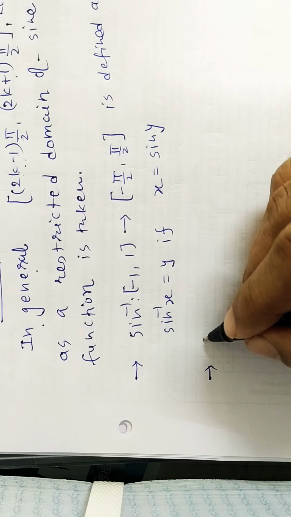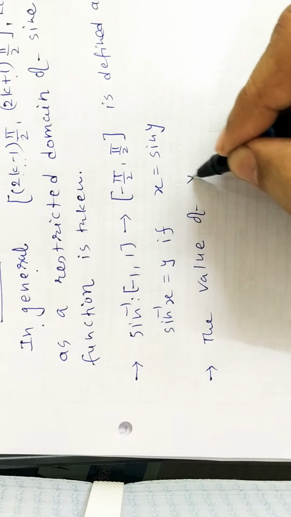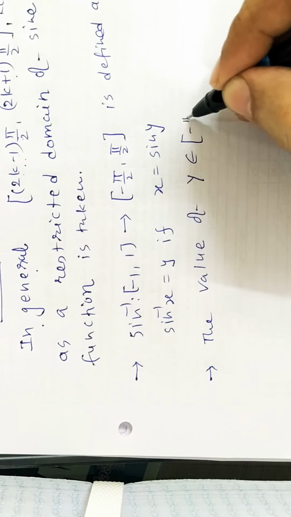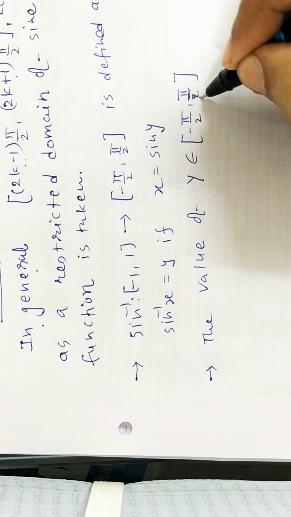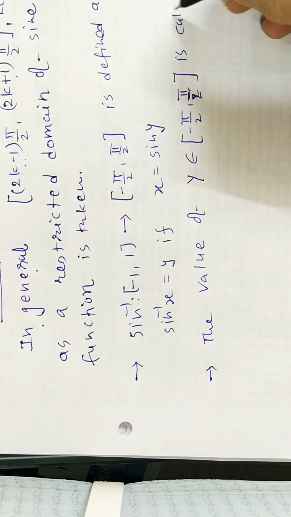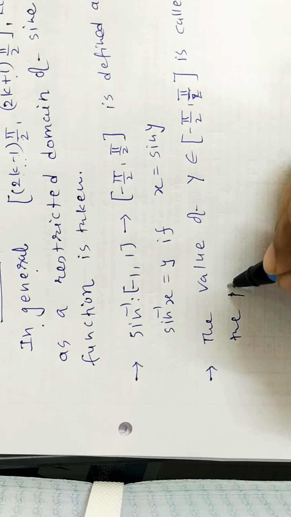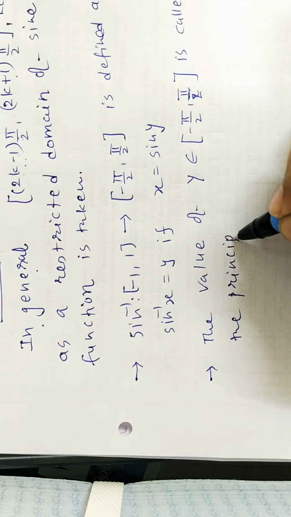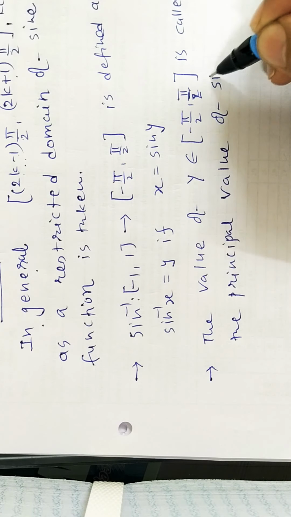The value of y, which belongs to minus pi by 2 to plus pi by 2, this is the first interval, is called the principal value of sine inverse x.